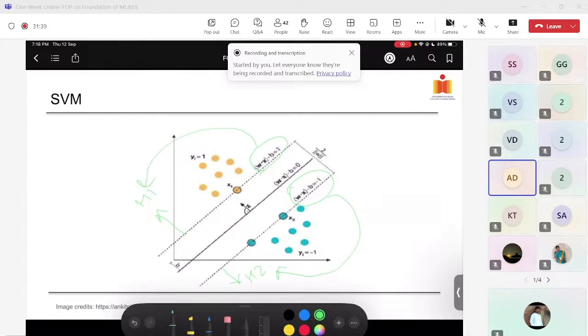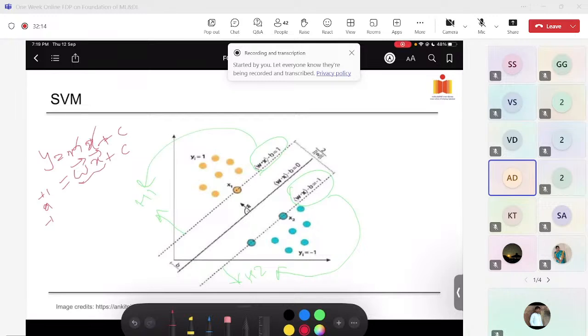I hope you are familiar with the hyperplane equations. If not, I'll quickly define it. Everyone is familiar with the line equation, right? A line equation is y = mx + c. A hyperplane is nothing but a line in a higher dimension. So instead of 1 m and 1 x, you will have a vector m, which here we write as w. So this is a w vector times an x vector plus some bias, and this value y is basically your 1 or minus 1.